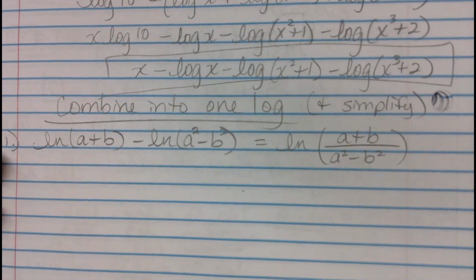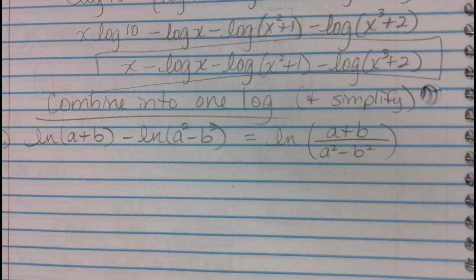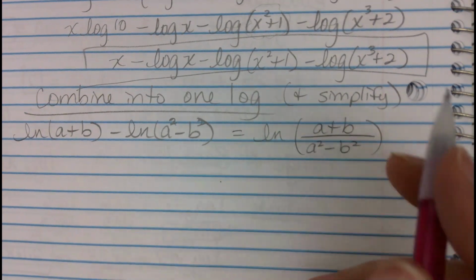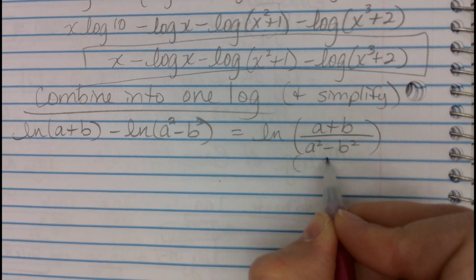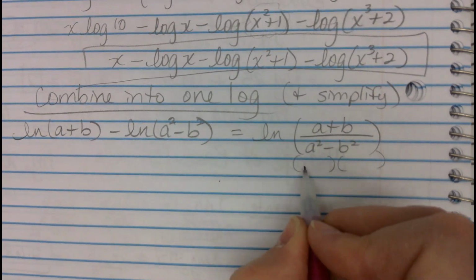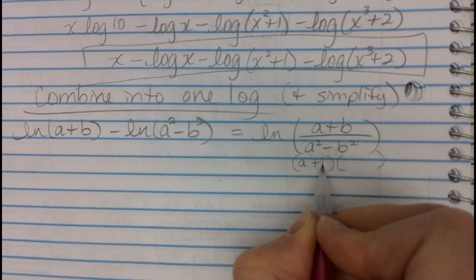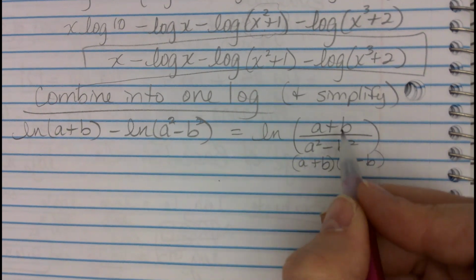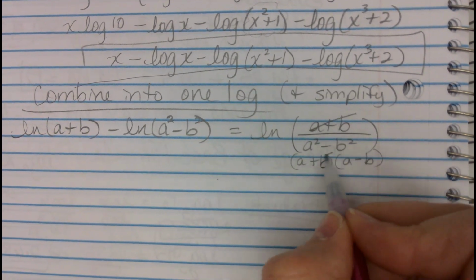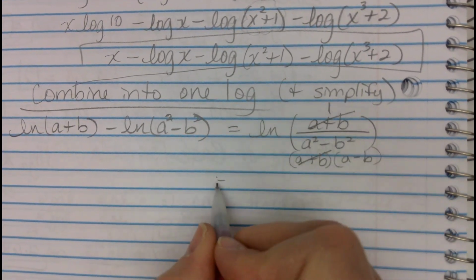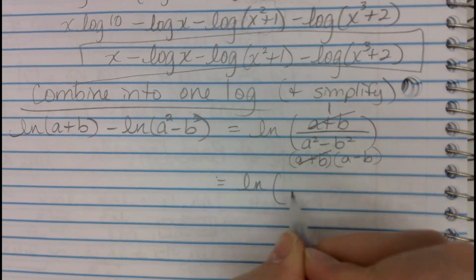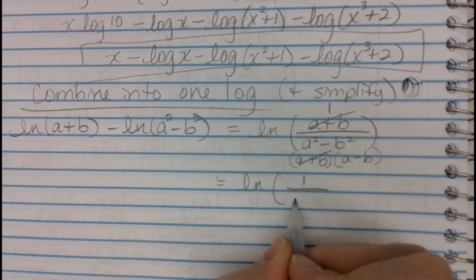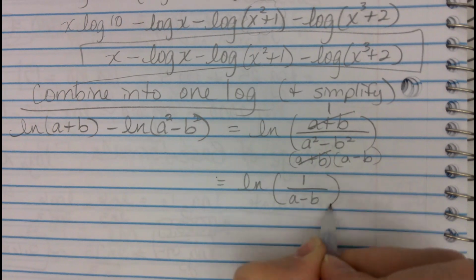But if this was multiple choice, well, I would say just factor the bottom. What does the bottom factor into? A plus B times A minus B. So what happens? It's natural log. So the simplification would be natural log of 1 over A minus B.